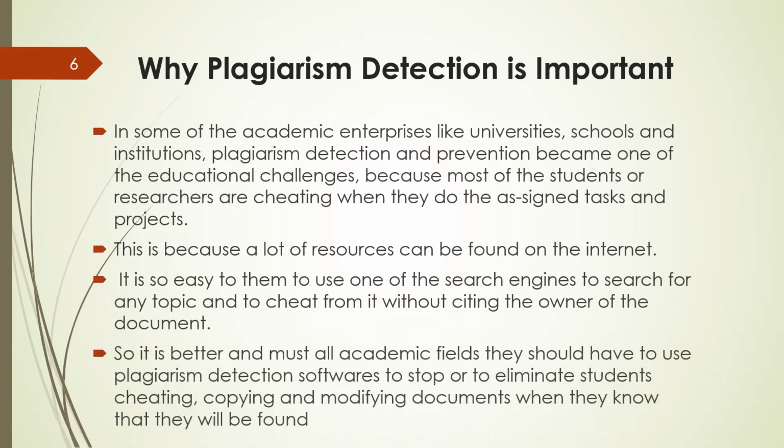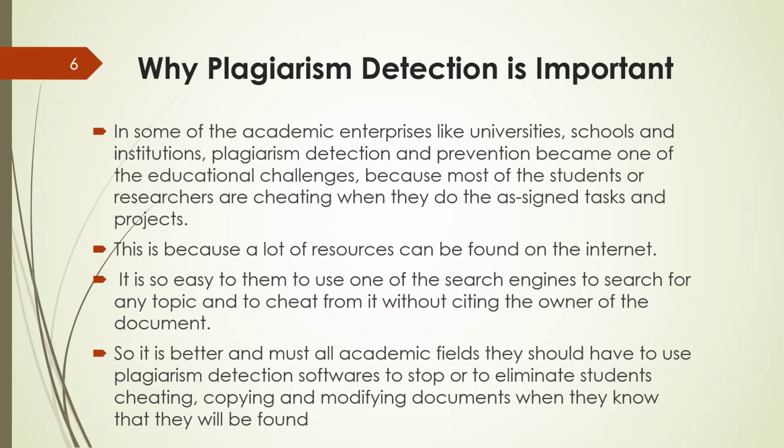So it is better, and all academic fields must use plagiarism detection software to stop or eliminate students cheating, copying, and modifying documents when they know that they will be found.